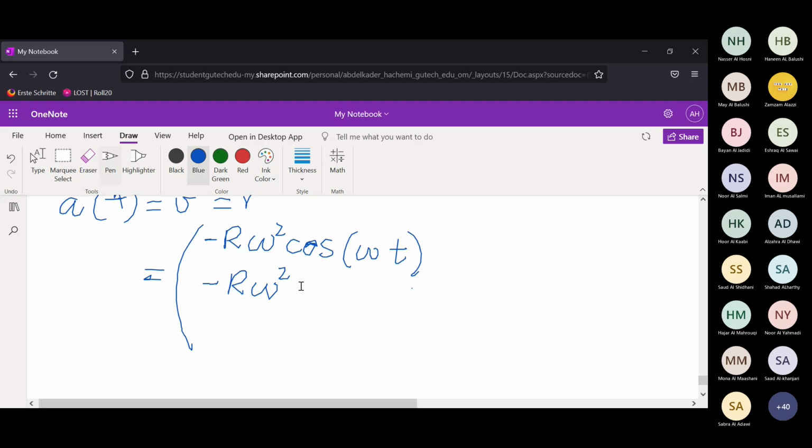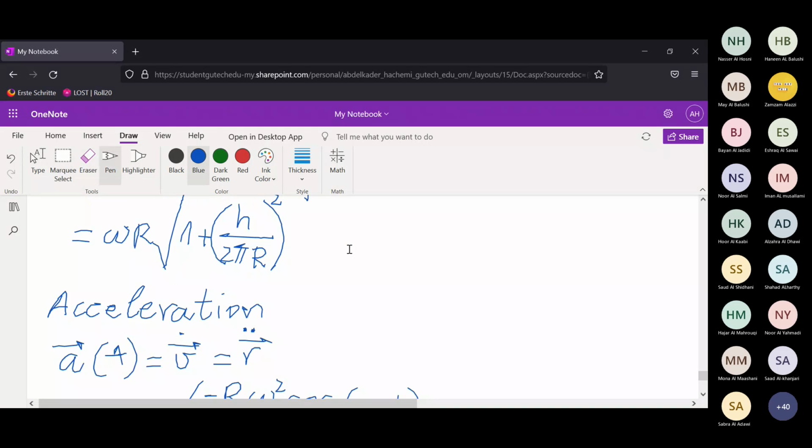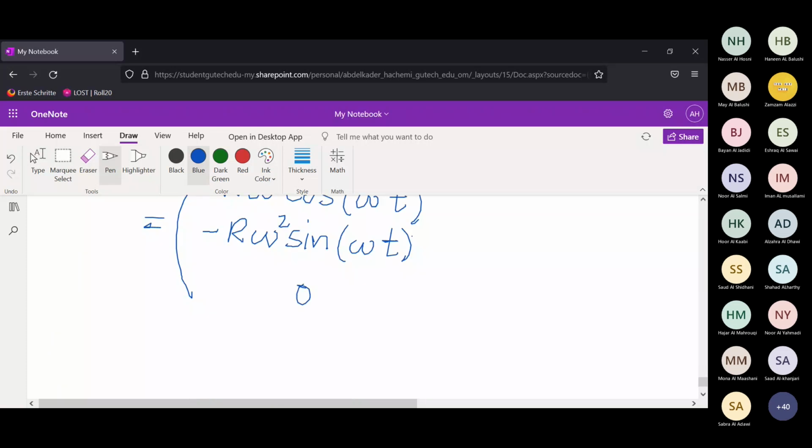And in the z direction, as you can see, the component is constant, so it's time independent. In this case, we have 0.